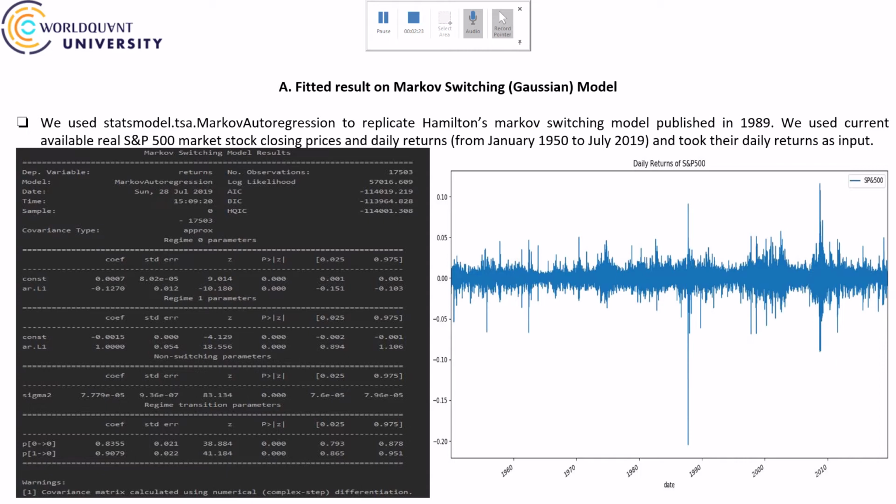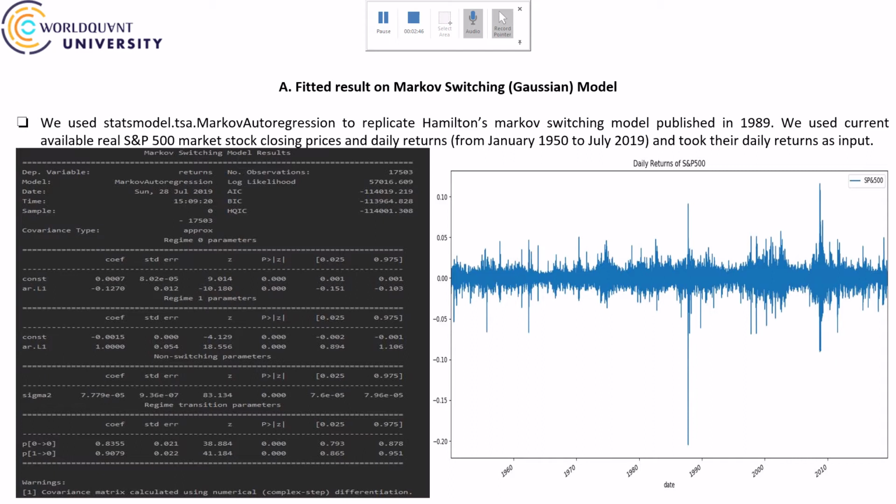It uses a normal distribution. The Markov switching result we get from this model is an AIC equal to minus 114019.219.